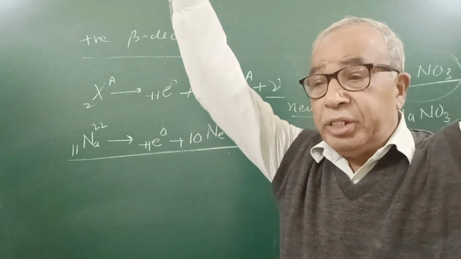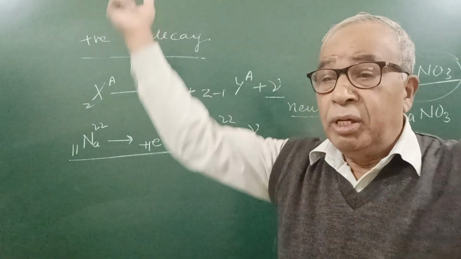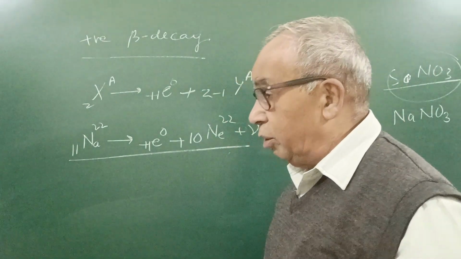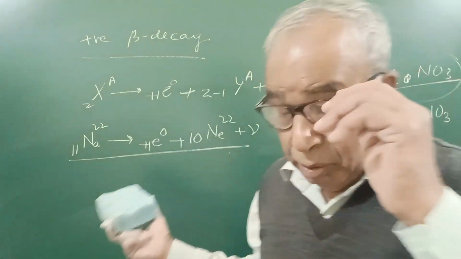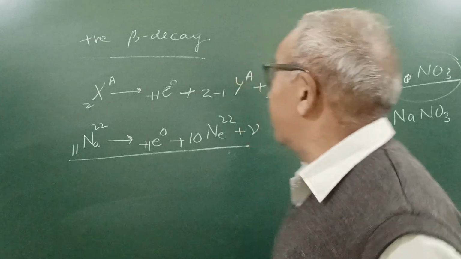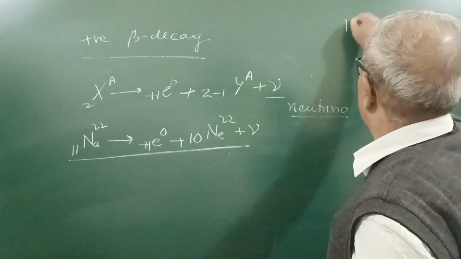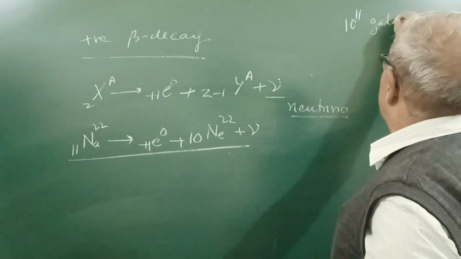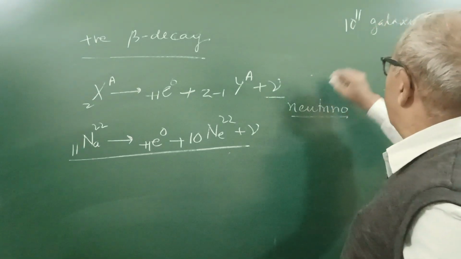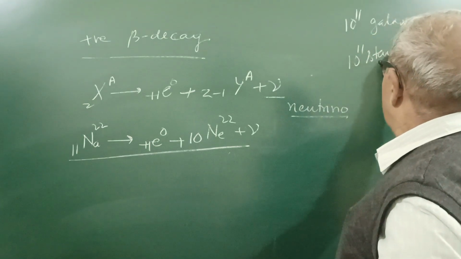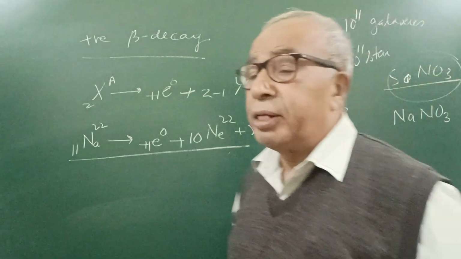Cosmos means space, the space beyond the solar system. Our universe is made up of galaxies. There are 10 to the power 11 galaxies, and one galaxy consists of nearly 10 to the power 11 stars. Some galaxies are normal, some are radioactive.